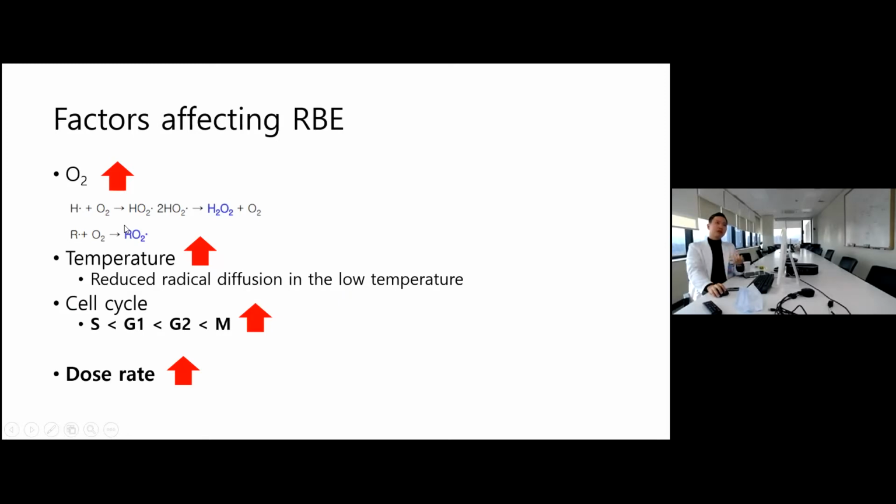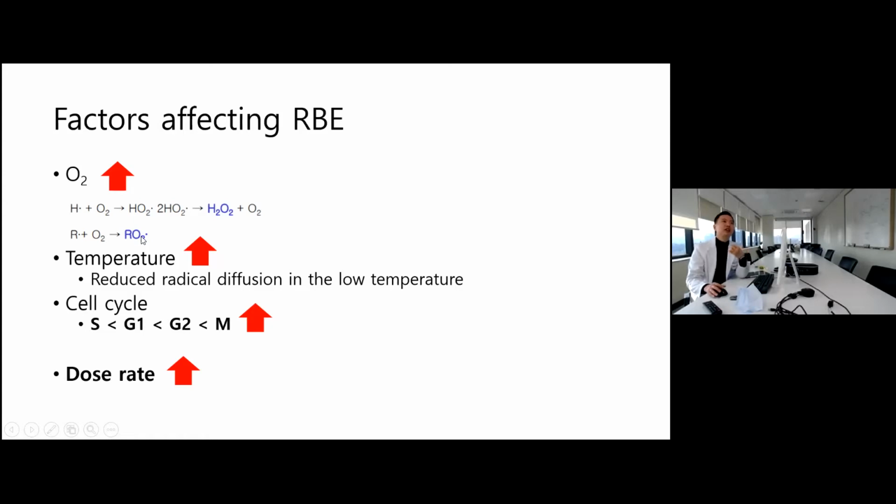As you can see, in a high oxygen circumstance, there is more possibility of a higher radiation effect, because with the free radicals produced after the radiation, and with the presence of oxygen, it can make more free radicals, which can cause chemical reactions.